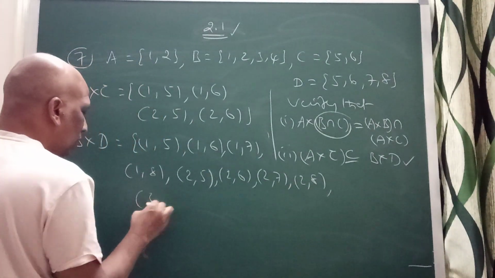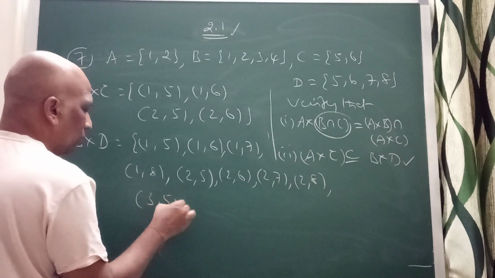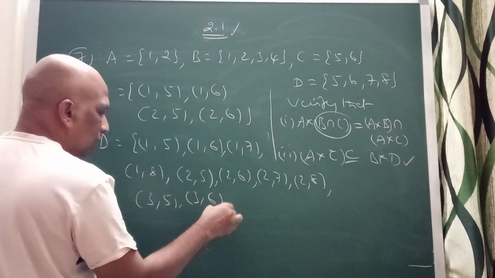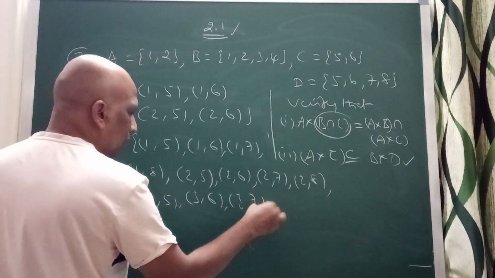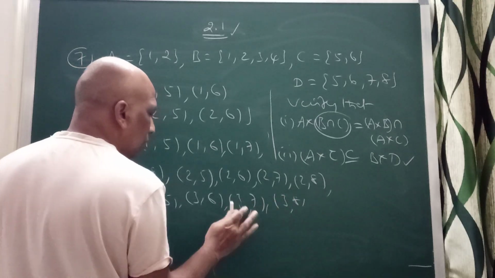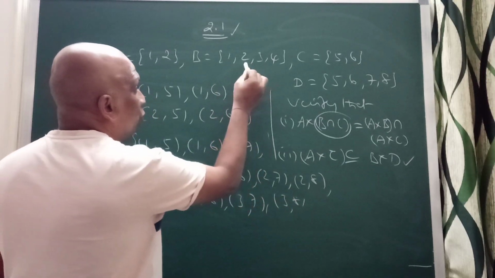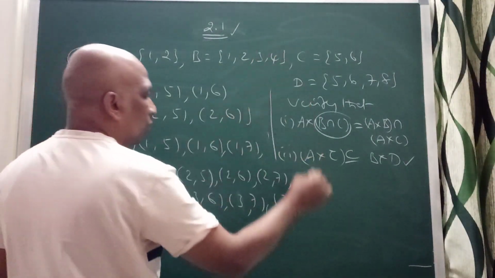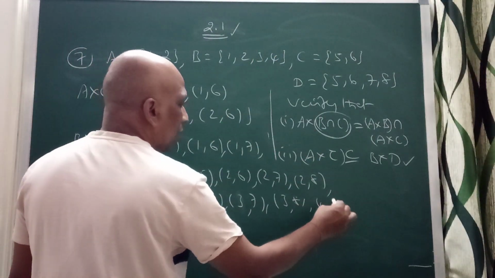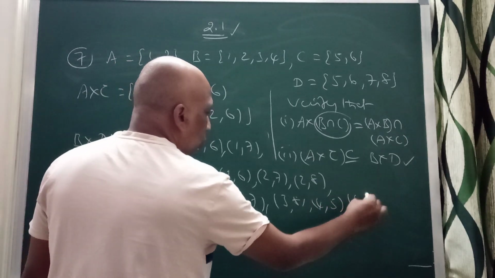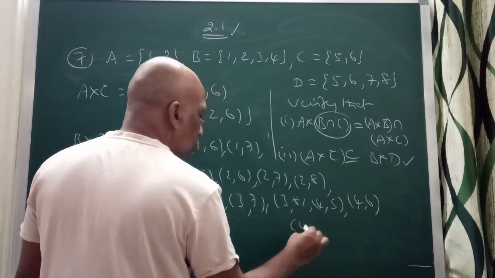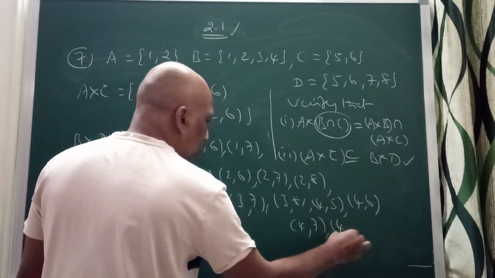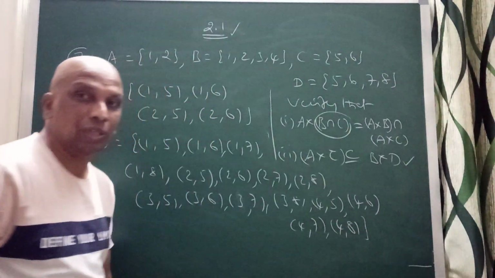With the 3, you can write (3,5), (3,6), (3,7), (3,8). Because we have 4 into 4, you should get 16, right? Next with 4, I can write (4,5), (4,6), (4,7) and (4,8). Total we have 16, right?